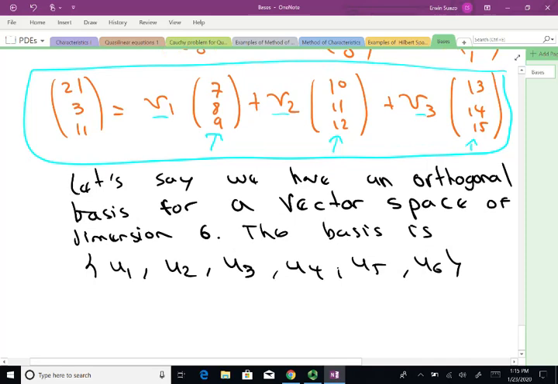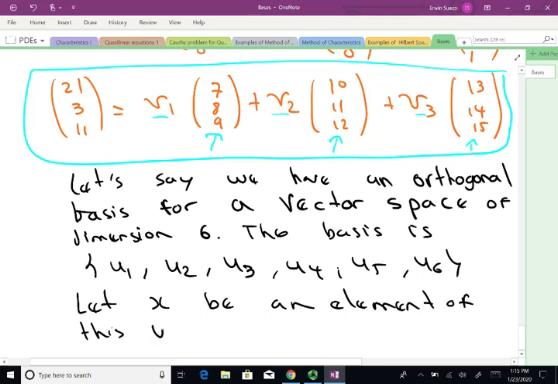And then let x be an element of this vector space.